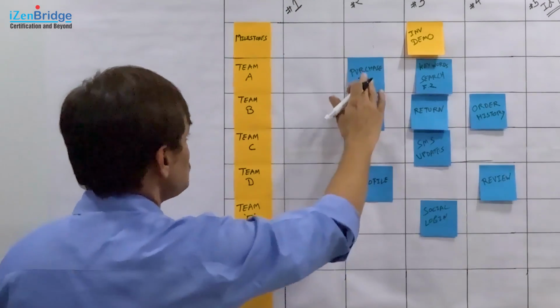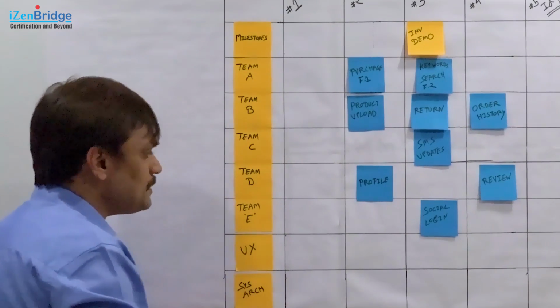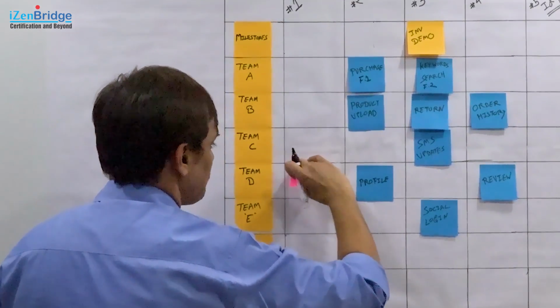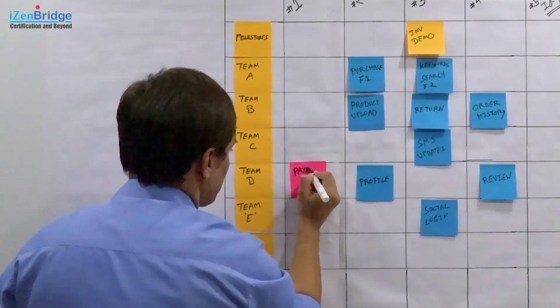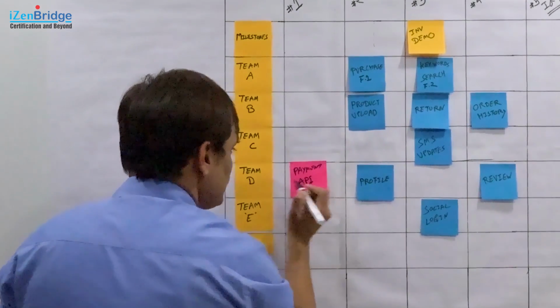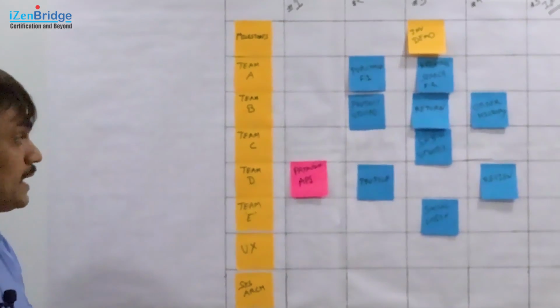Assuming that team A, while doing a purchase, wants some dependency related to an API, say a purchase API or a payment API, which is managed by a team D and needs to be delivered. They want this API to be delivered to them in iteration 1.